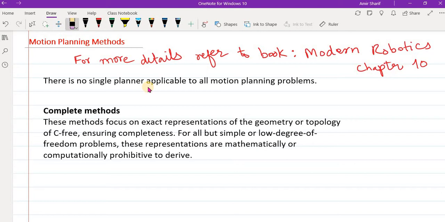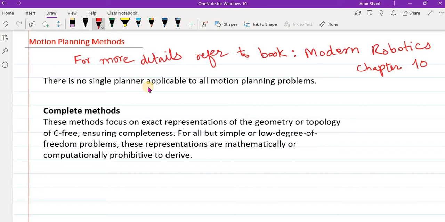Here you will find more details about the motion planning methods. Or you can also watch my videos available on YouTube. So let's begin with the motion planning methods.